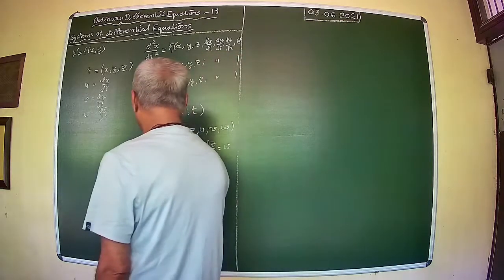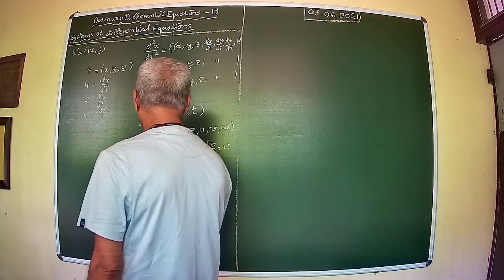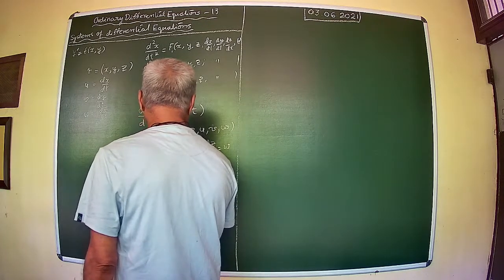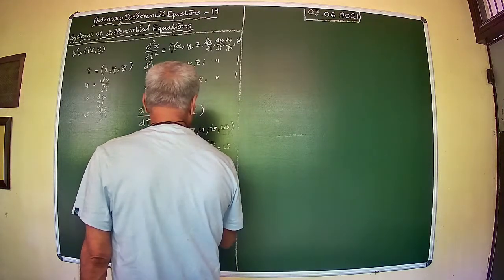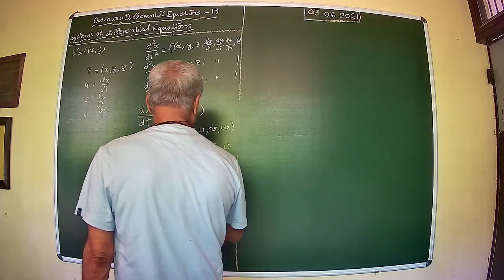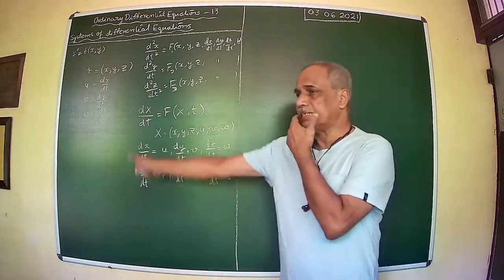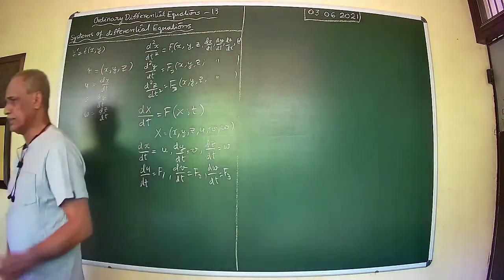So du by dt equal to f1, dv by dt equal to f2, dw by dt equal to f3. So you see that it's a system of 6 first order equations. That transformation can always be done.